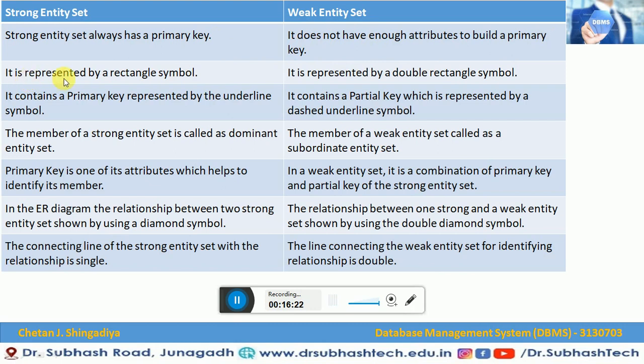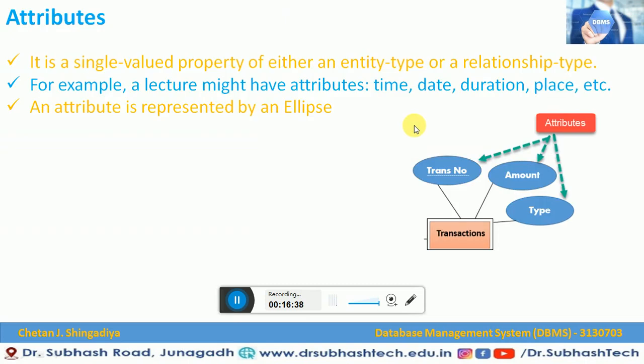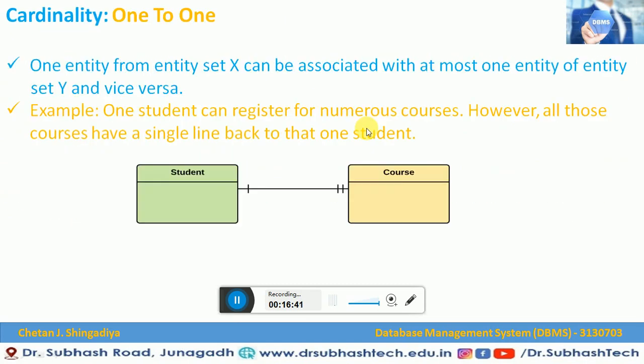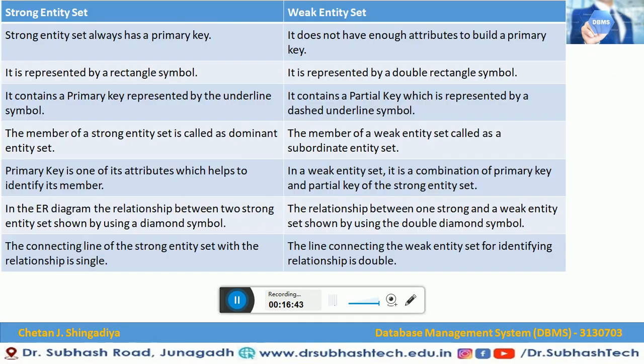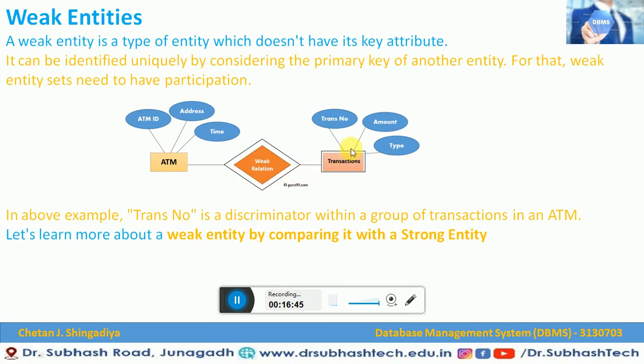The strong entity set is represented by a rectangle symbol, and the weak entity set is represented by a double rectangle symbol. Let me show you once again how we can represent the weak entity set in our previous presentation. Here you can see the weak entity set can be represented by a double rectangle. So this is what our weak entity set.